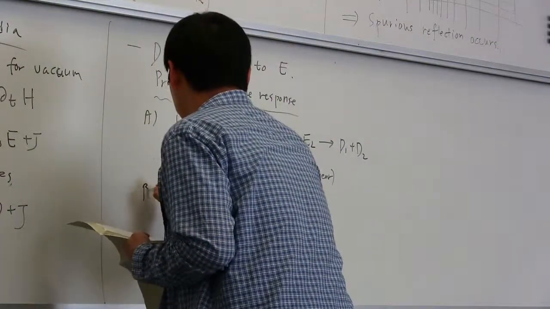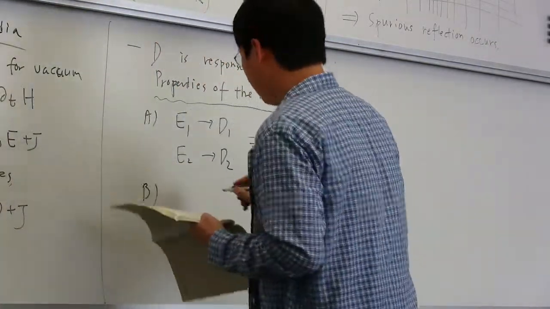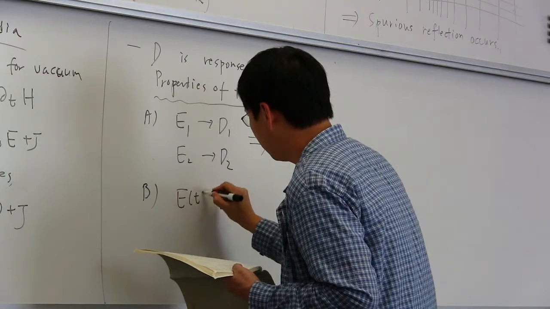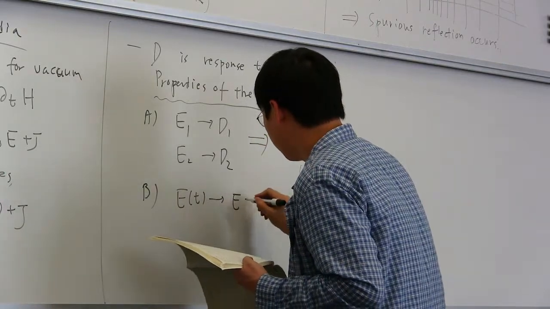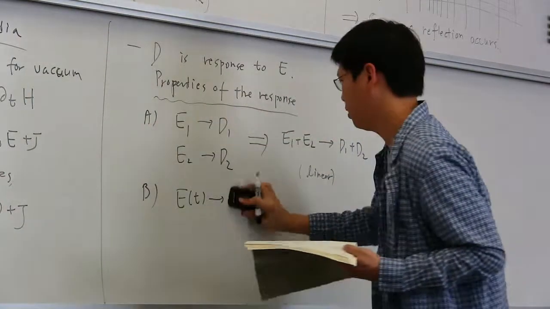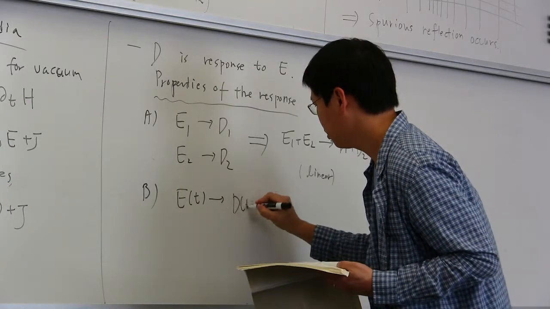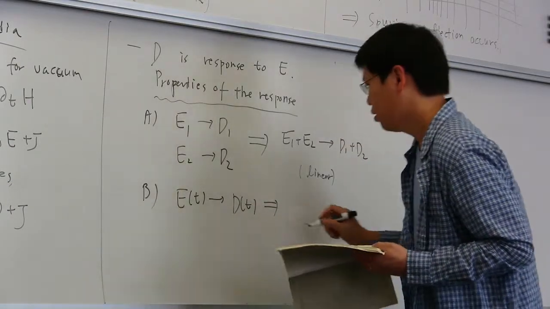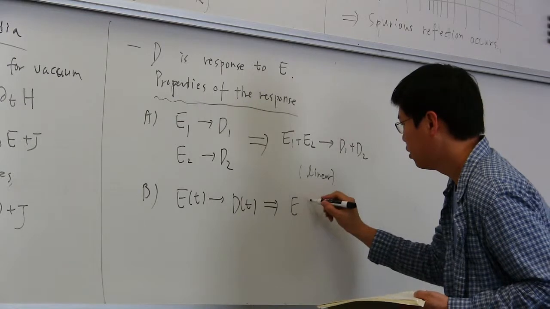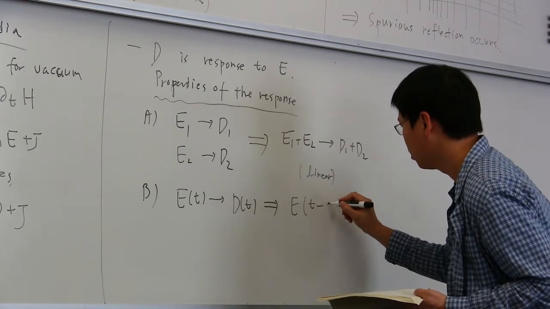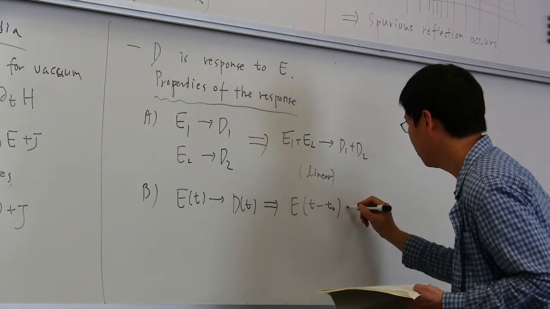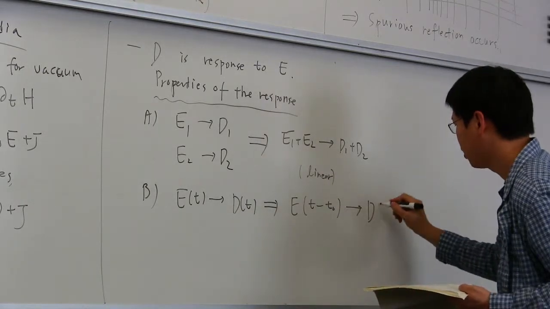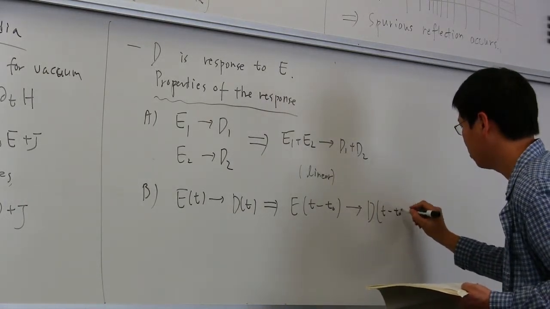And the second property is that if you put E(t) and get D(t), and if you put E(t minus t0), then you get D(t minus t0).